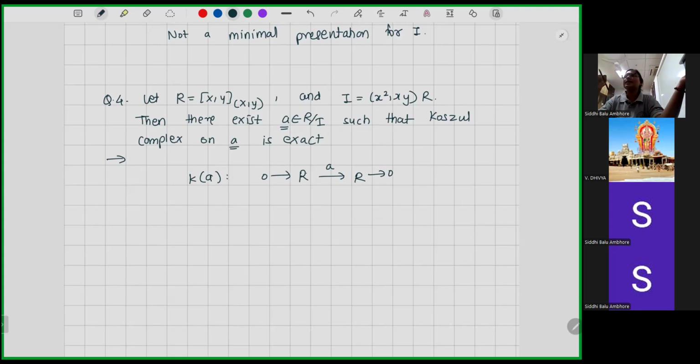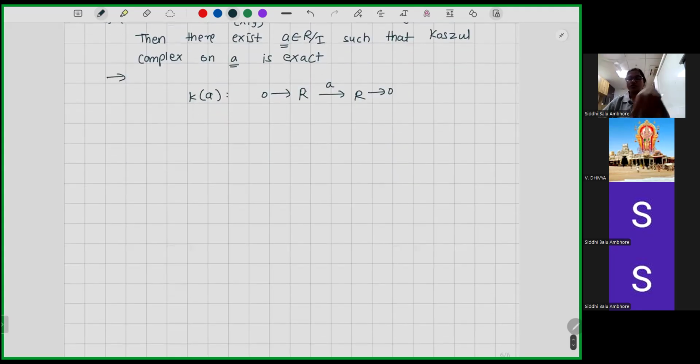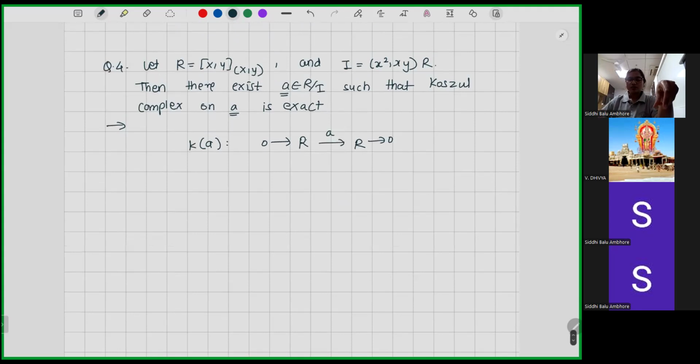That is, whether this A is a zero divisor in my ring R mod I or not. So this is actually true or false.